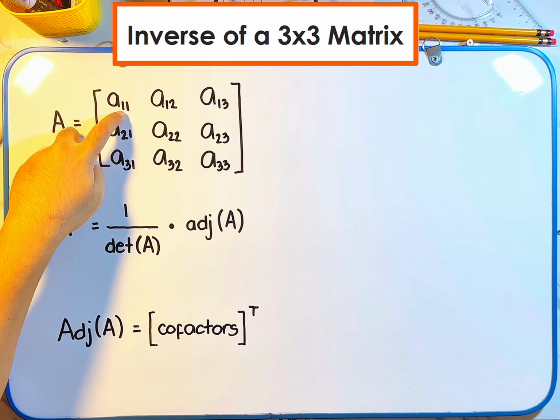Negative 5 times positive, that's negative 5 still. Negative 18 times negative, so that becomes positive 18. Negative 15 times positive, still negative 15. Negative 4 times negative becomes positive 4. 5 times positive, so 5. 4 times negative, negative 4. And then 1 times positive is positive 1.